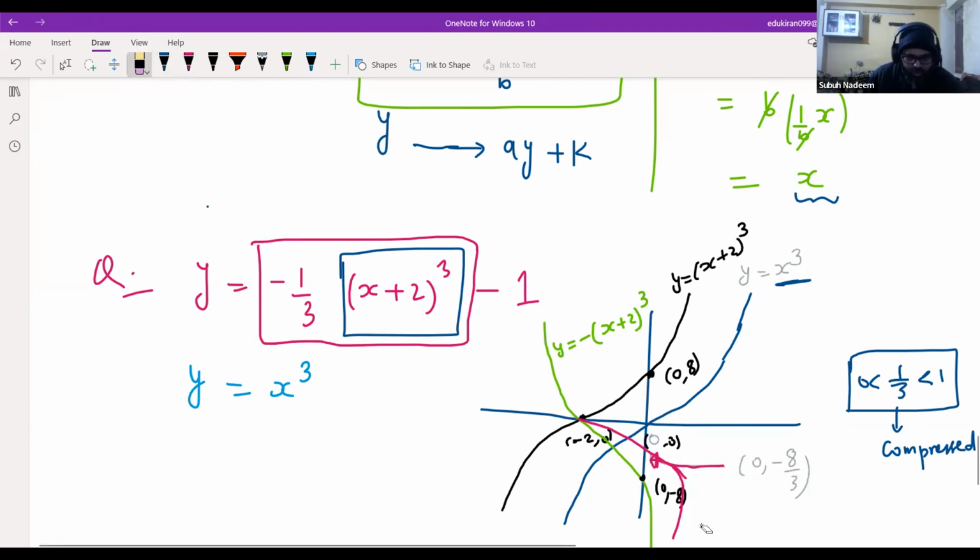It's not so clear. So the point where it is intersecting the y-axis is 0 comma minus 8 by 3.